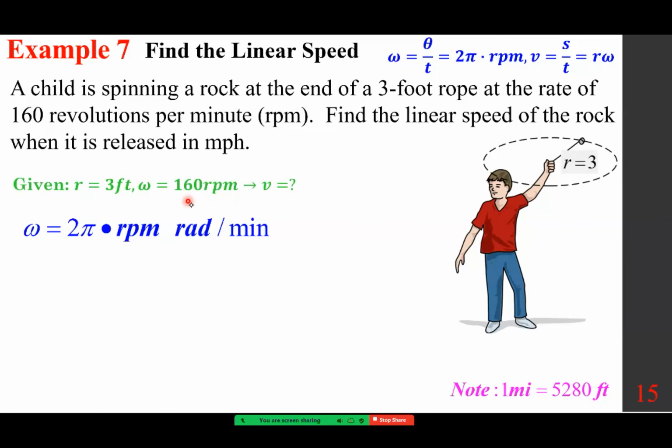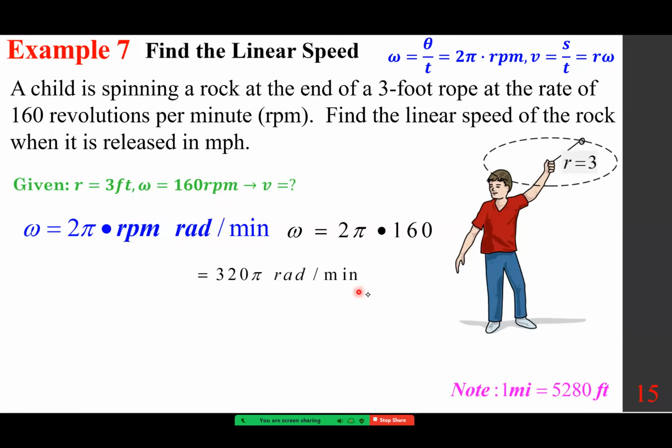When we multiply by 2 pi, revolutions per minute change to radians per minute. The revolution changes to radians, but the per unit of time doesn't change. It's per minute, per second, whatever it might be. In this case, we multiply 2 pi by 160 and we get 320 pi radians per minute.